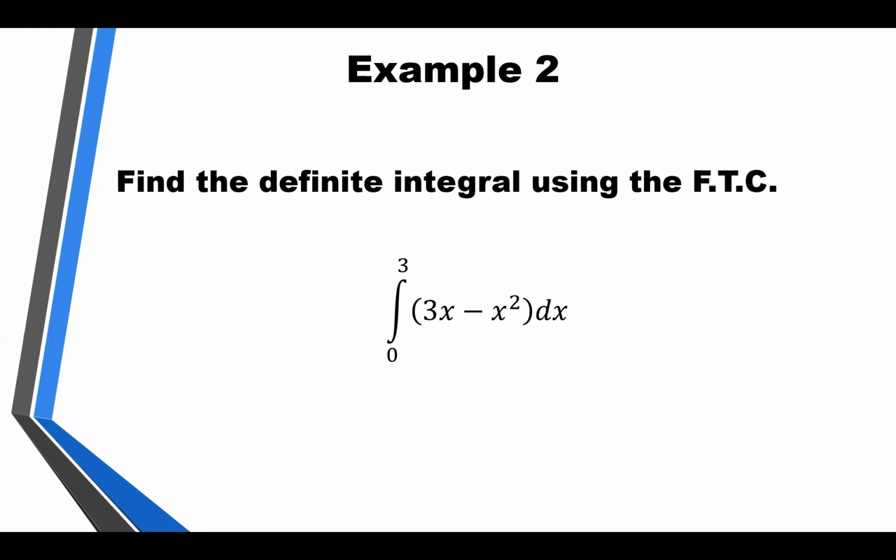But with the fundamental theorem of calculus, this function here, which is not accessible via geometry, I can find this definite integral, so this signed area, without difficulty. So we can just use the fundamental theorem of calculus to find the signed area. Let's go ahead and do that.